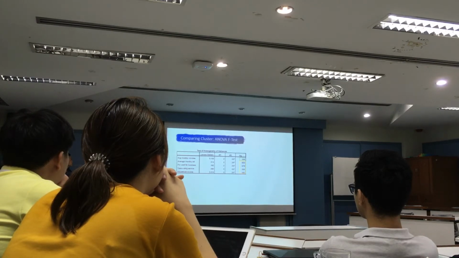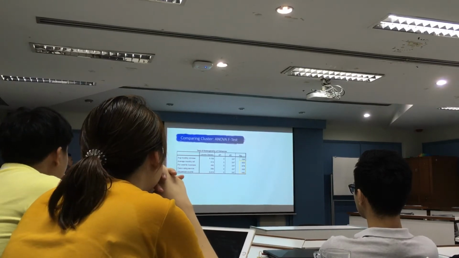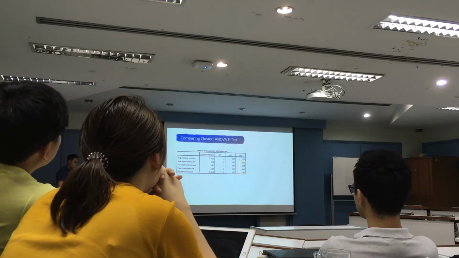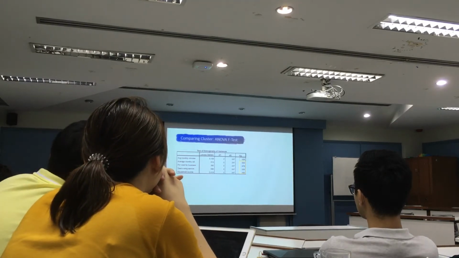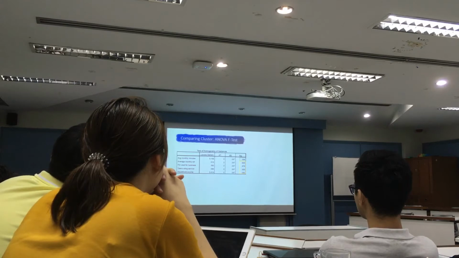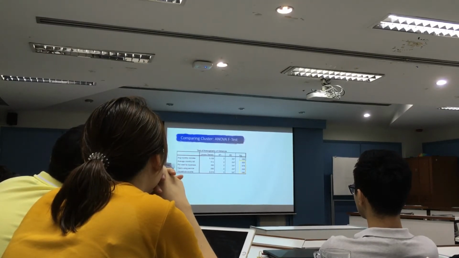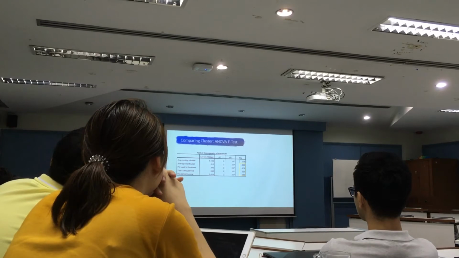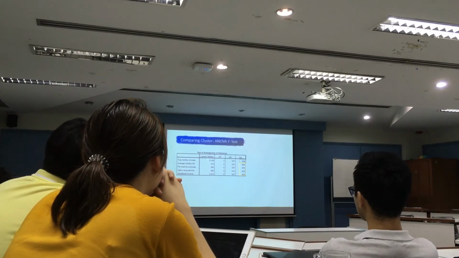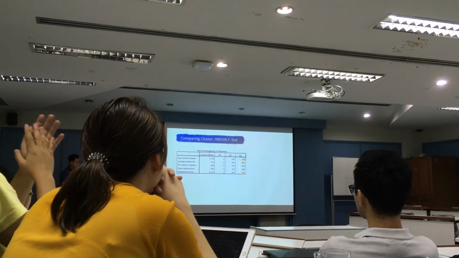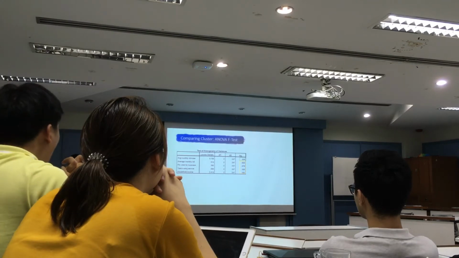Okay, so next we will do further comparing of clusters with the ANOVA F-test. So we can see the p-value of average monthly minutes. The first row is 0.006, which is less than alpha of 0.05. So we will reject the null hypothesis.